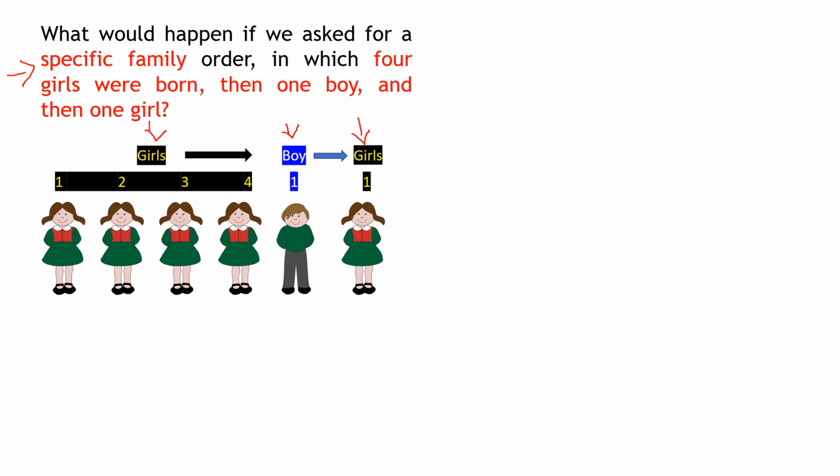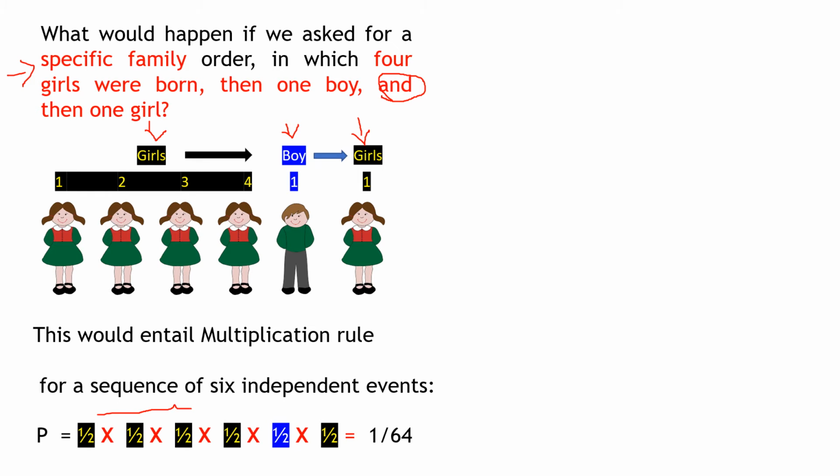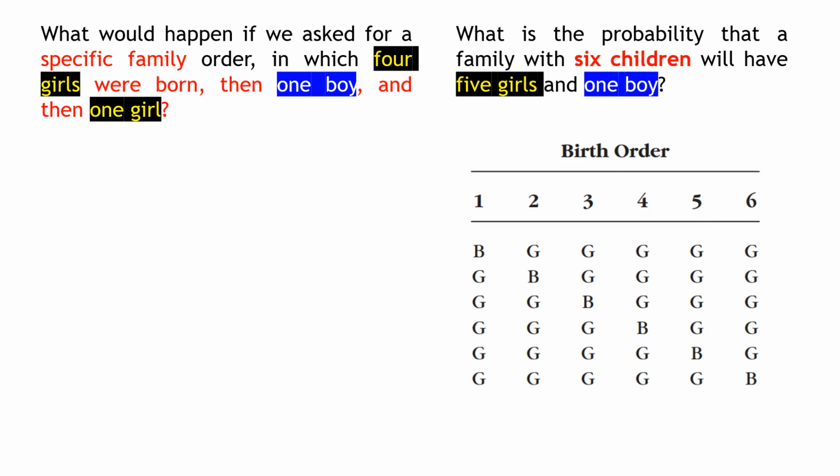So these events are independent, and as proof of that you have this "and." So this is definitely a multiplication rule. So there will be 6 independent events, and it's pretty easy. 1 out of 64. All these are the girls, and this here is the boy, and here is the last girl. Pretty easy.